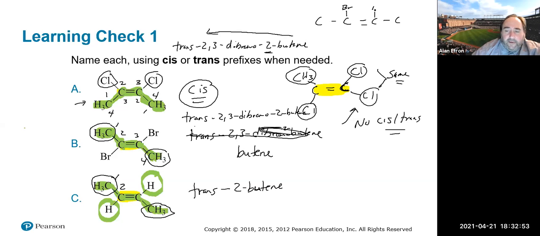At carbon 3, there is a bromine. And at this point, I'm actually just going to kind of put my hydrogens in. We need none here. So we'll go over here with my hydrogens.